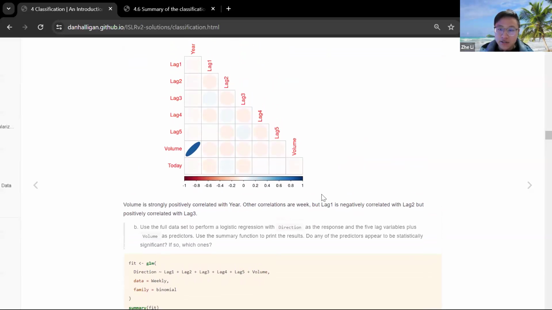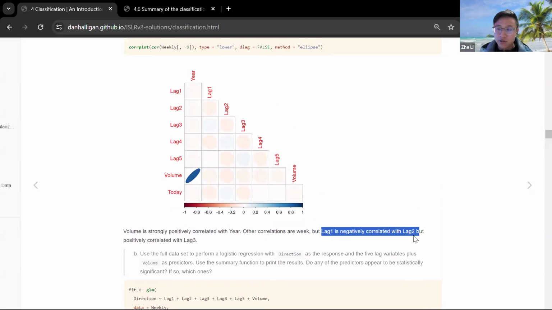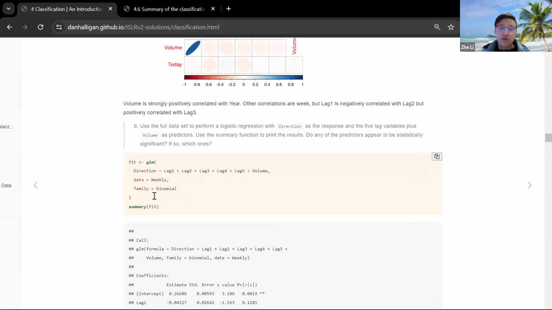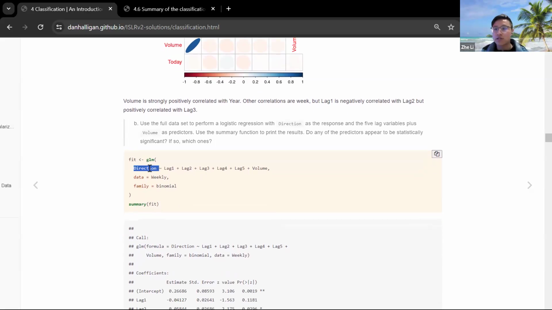And we can see also that there is some self correlation, some collinearity between some of the predictors. So in the second question, we perform a logistic regression. In this case, we use the GLM function with direction as the response and the other variables as the predictors, and choose the binomial family because the response we want to predict is a binary classification.